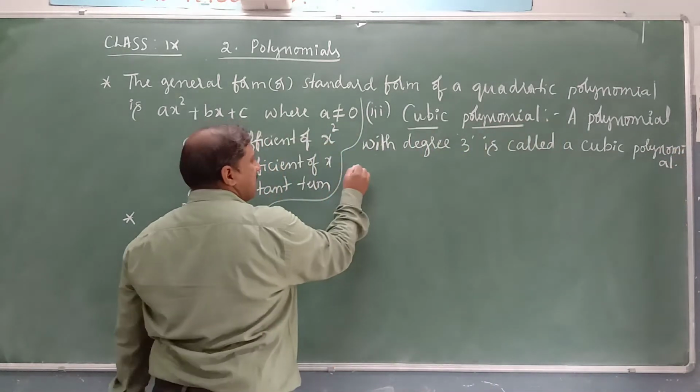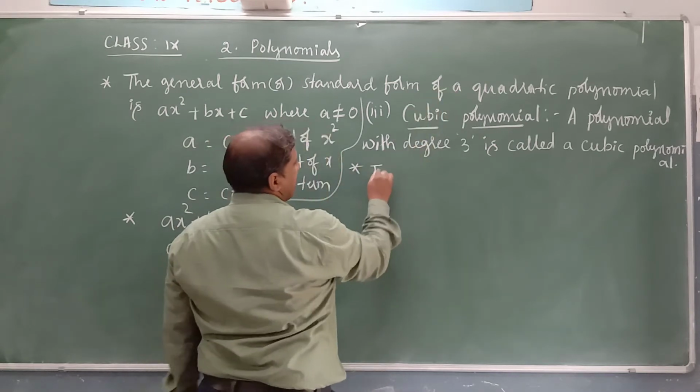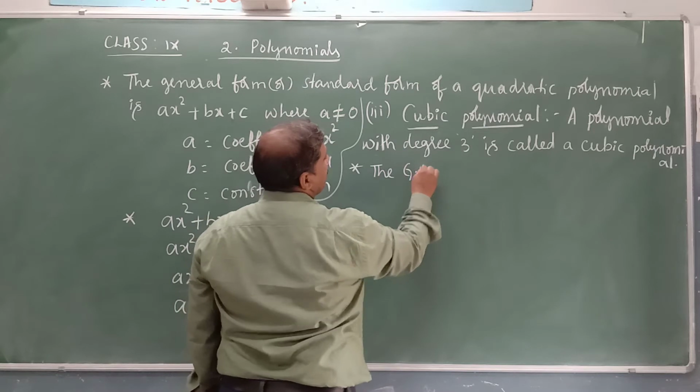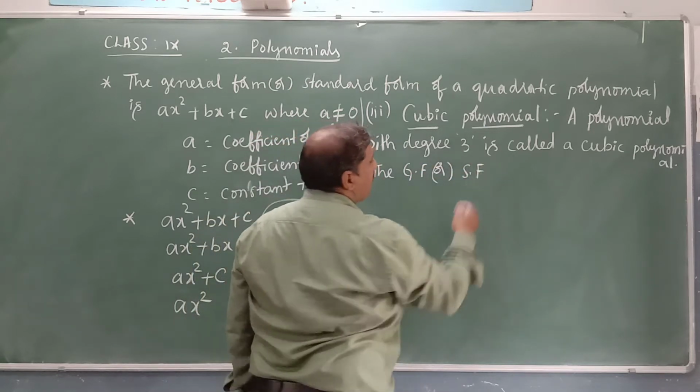Examples you can write. Before that, see the general form of a cubic polynomial. GF means general form, or standard form.